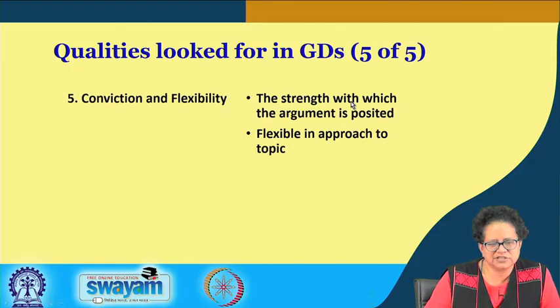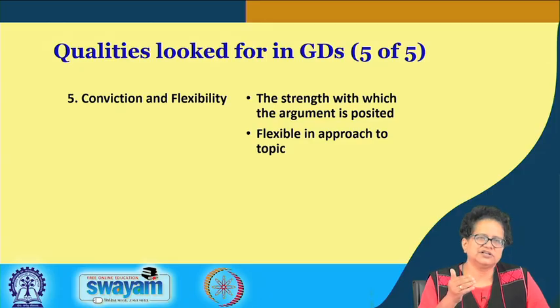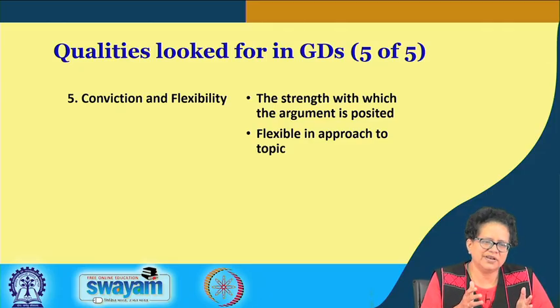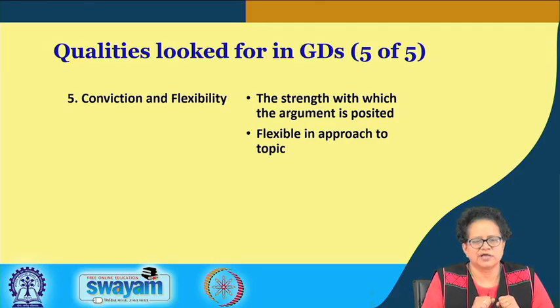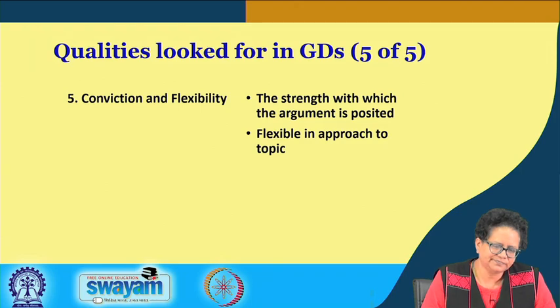And the last is most important. These are the qualities of a leader: conviction and flexibility. By conviction, we mean that you are convinced of your viewpoint. By flexibility, we mean that although you are convinced of your viewpoint, you are flexible enough to accommodate the viewpoint of others.